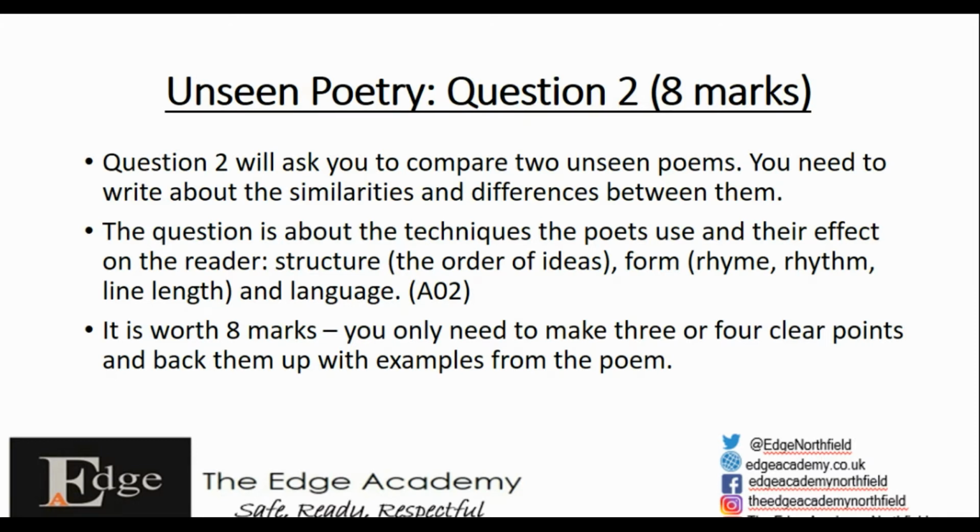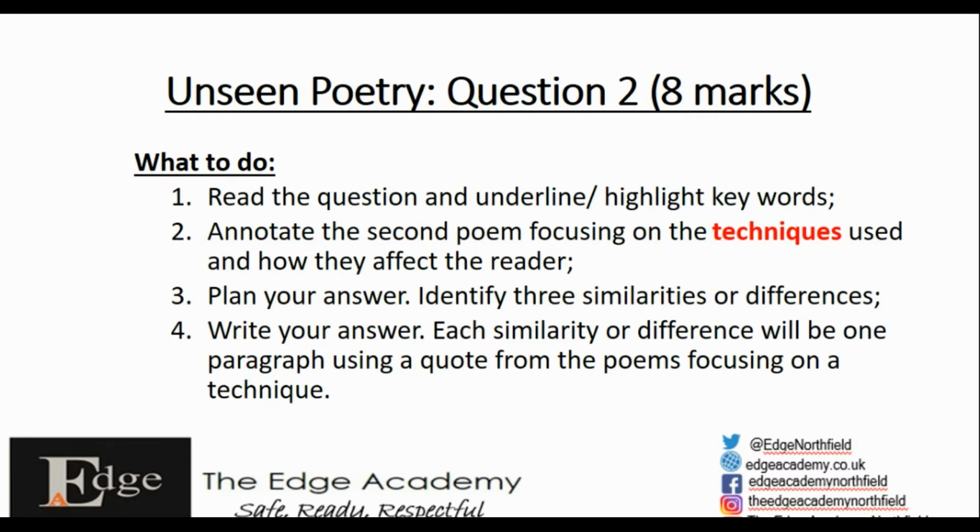The question purely here is about Assessment Objective 2, so the techniques the poet uses and their effect on the reader. So this will focus on the structure, the order of ideas, the form, so the line length, the rhyme or rhythm, and the language. Now, because it is worth 8 marks, you only really need to make 3 or 4 really clear points and back them up with examples from the poem.